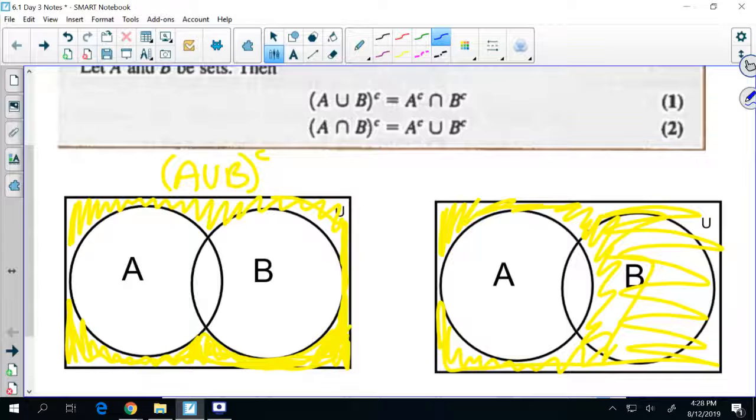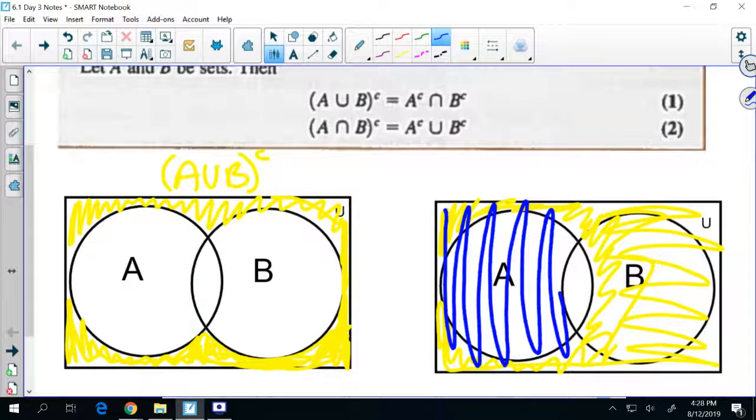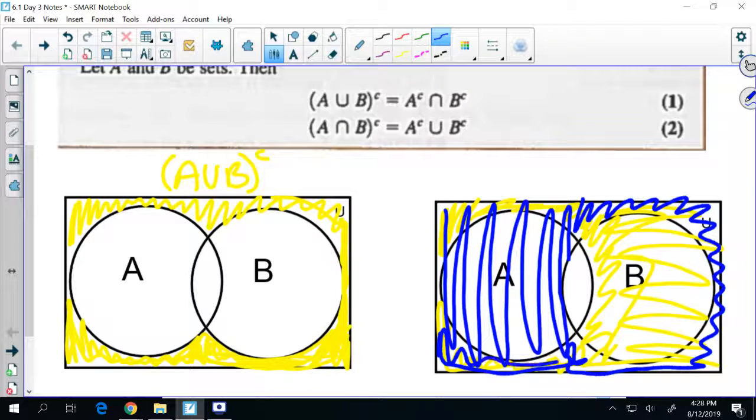B complement would be everything but B. So that would be, oh, not that. Right? And so where would the intersection of that be? That would just be where there's both yellow and blue, right? So where's there both yellow and blue? Only on the outside. None of A, none of B, because that's just blue, that's just yellow. So that's the same.